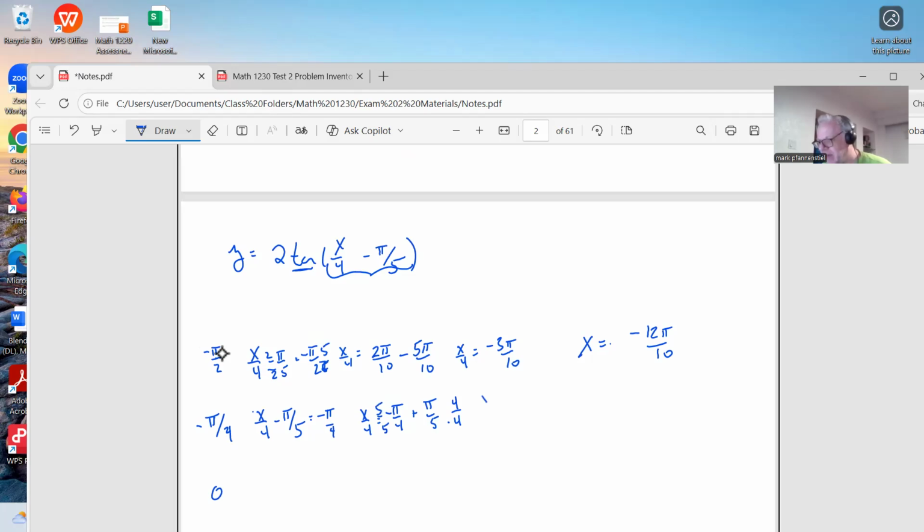So we end up with x over 4 is equal to negative 5 pi over 20 plus 4 pi over 20. When I add those together, we get negative 1 pi over 20. So we have x over 4 equals negative pi over 20, and now I'm going to multiply both sides by 4. So x equals negative 4 pi over 20.